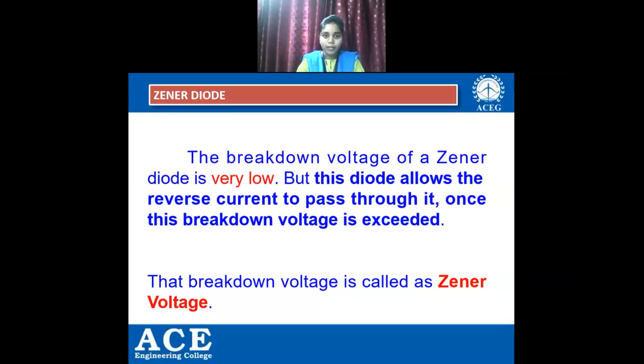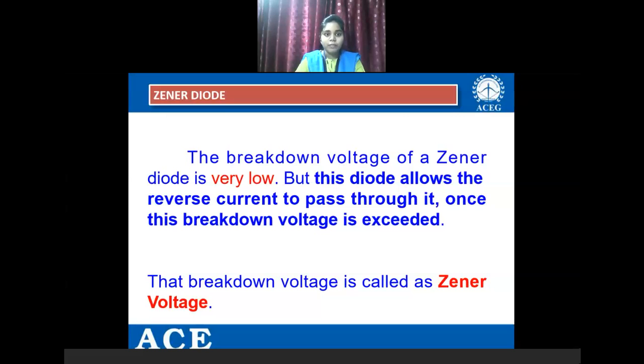The breakdown voltage of a Zener diode is very low, but this diode allows the reverse current to pass through it once this breakdown voltage is exceeded. That breakdown voltage is called Zener voltage.